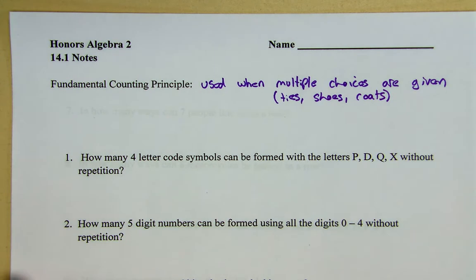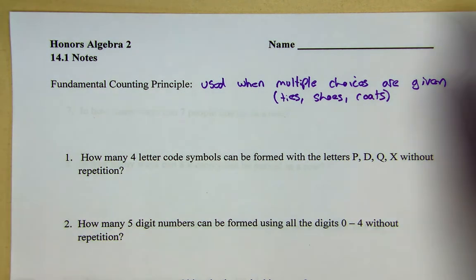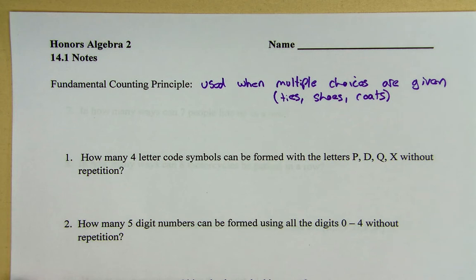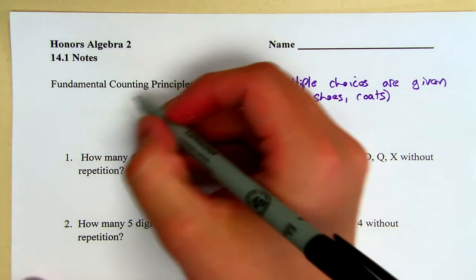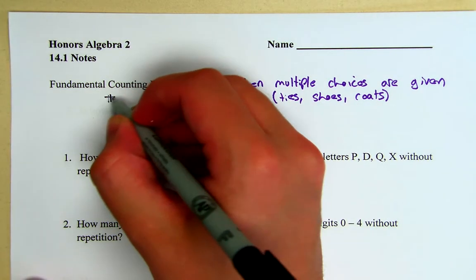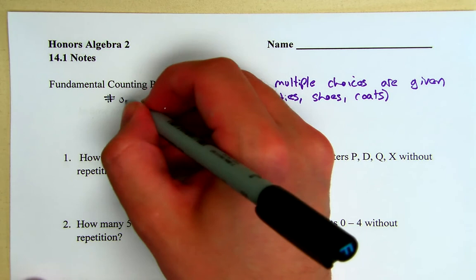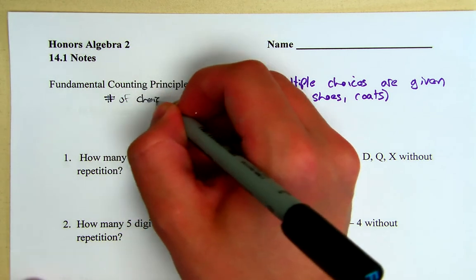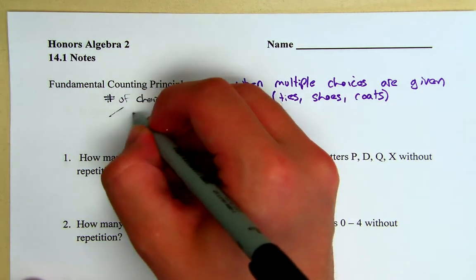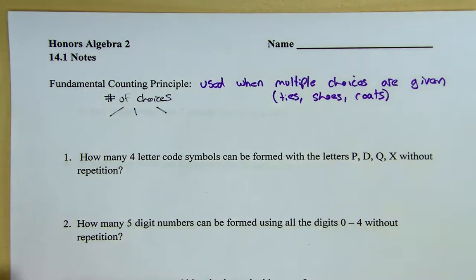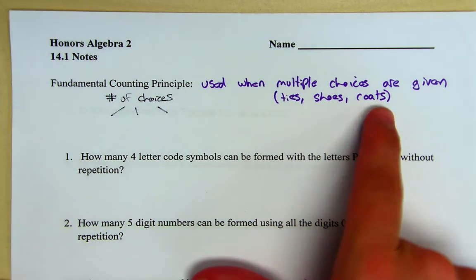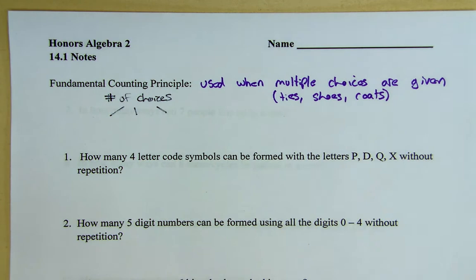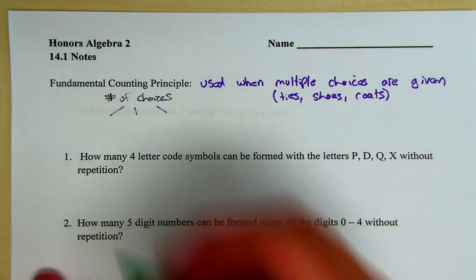So what the fundamental counting principle says is, let's take that idea of the number of choices. So think about the number of choices that you have, and spread those out. So say we had that example I just said, ties, shoes, coats. Well, you're going to multiply them all together to figure out how many total options there are.